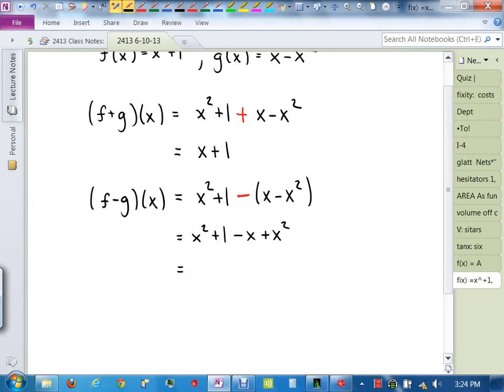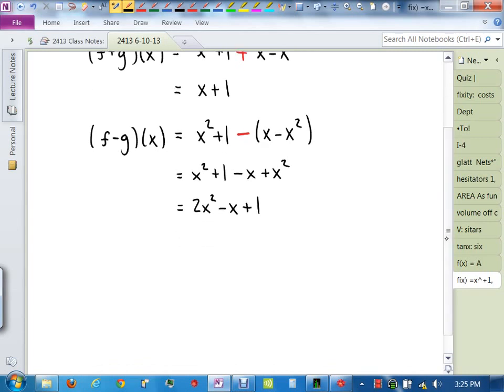By the way, we're reviewing right now. Have you all kind of picked up on that? So 2x squared minus x plus 1. Is it wrong if you would have written it 2x squared plus 1 minus x? No, it's just we like to do things in descending order, but it's not incorrect to do it another way.